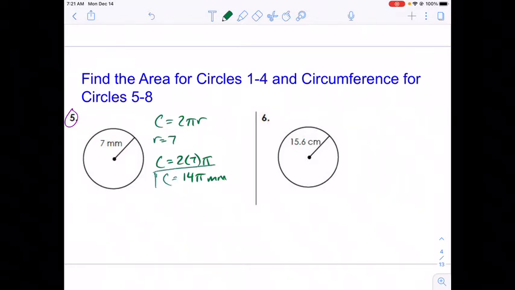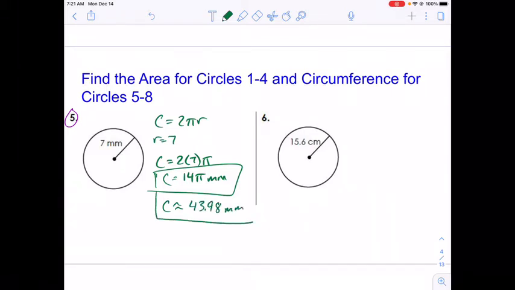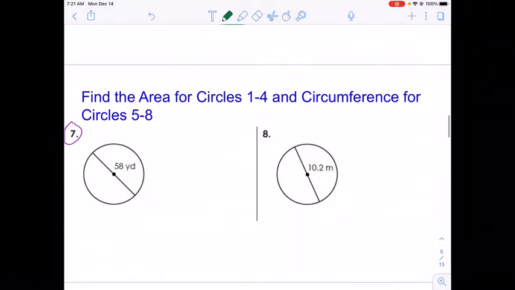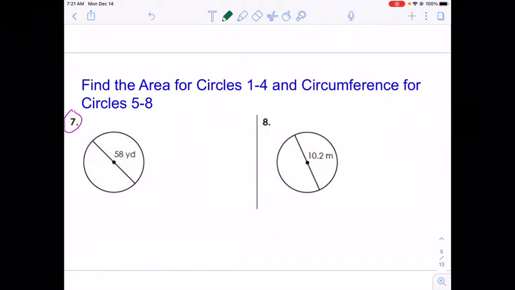So let's look at the next one here. This is where we calculate it, and 14 times pi is going to give us 43.98. This will be just in millimeters. All right, so let's move on down here to number 7. Notice they give us the diameter, so we're going to do circumference is equal to pi times the diameter.